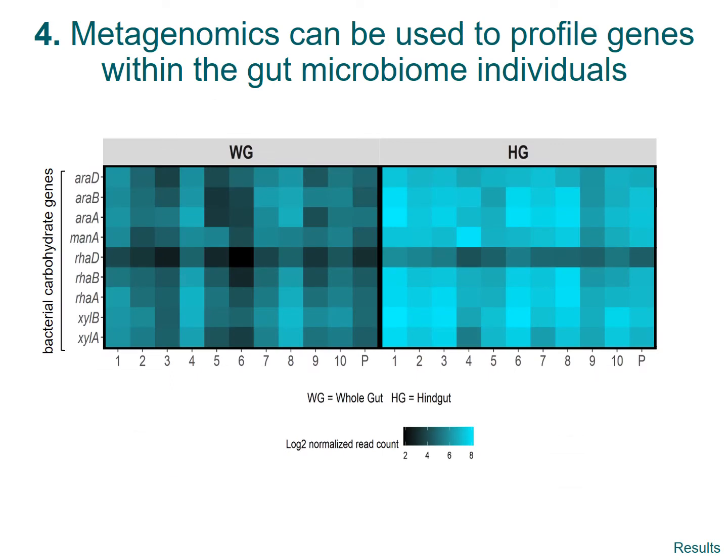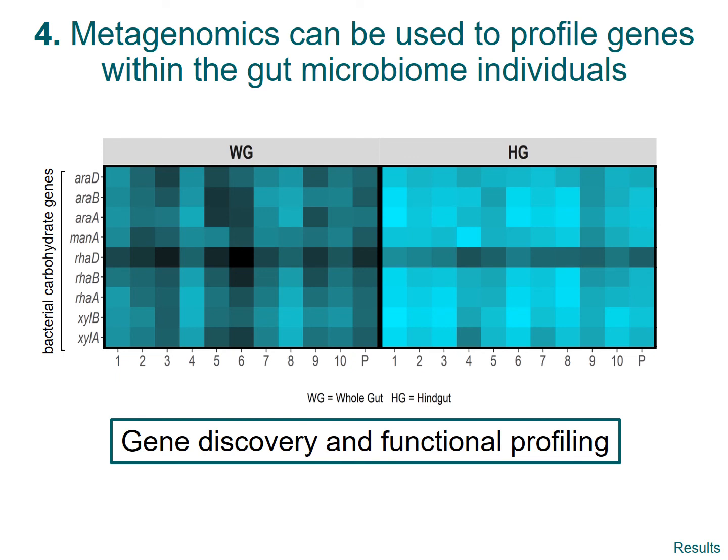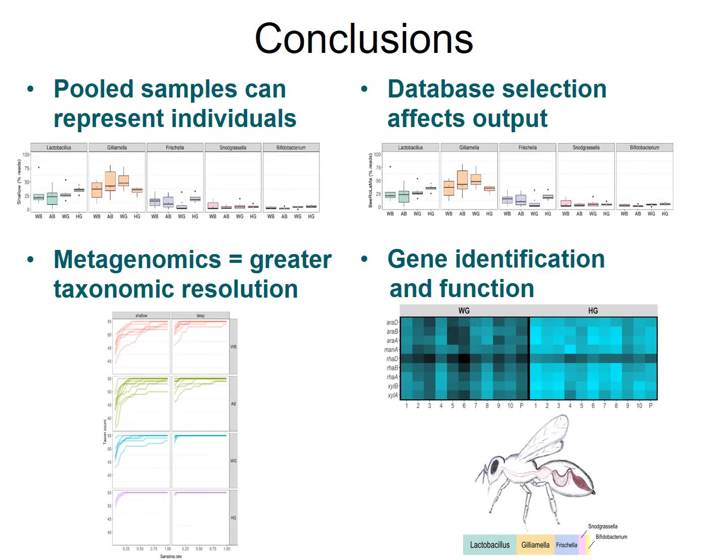The increase in information gained from deep sequencing allows for in-depth gene discovery and functional profiling. For example, as seen here, we identified several bacterial genes involved in carbohydrate metabolism. We showed that pooled samples can represent the core microbiota of individual bees at the genus level.